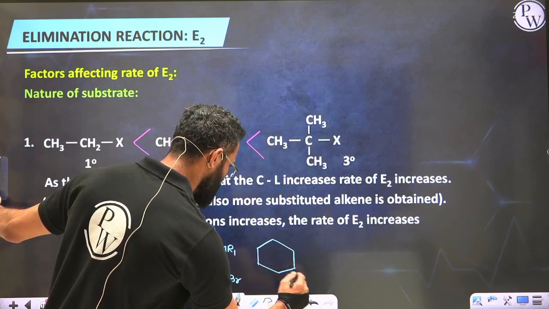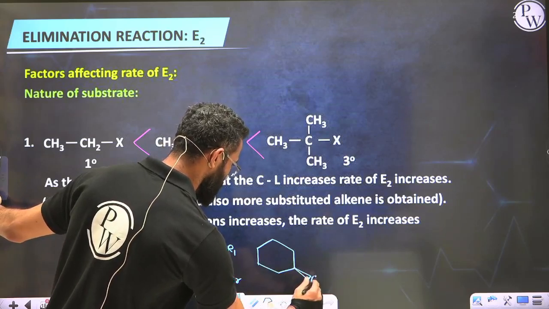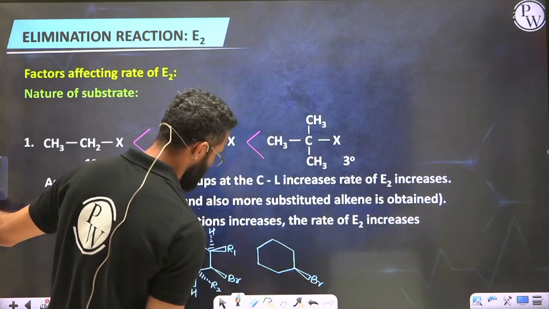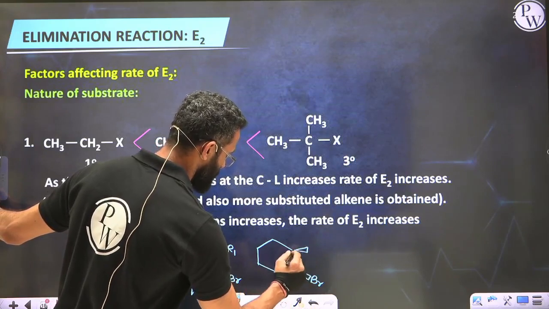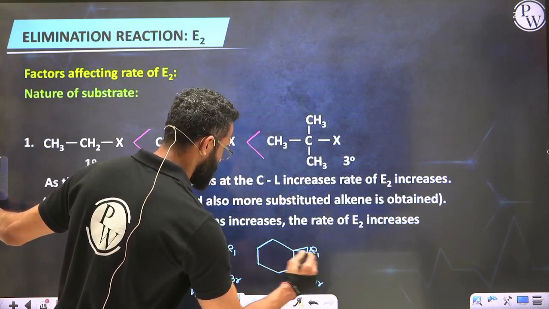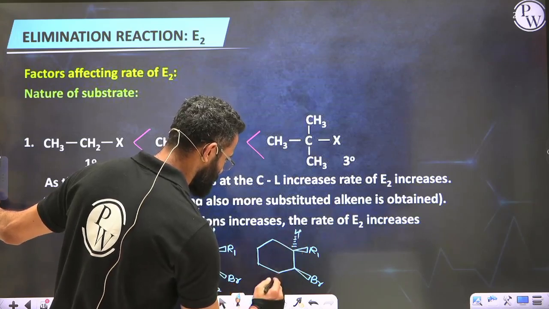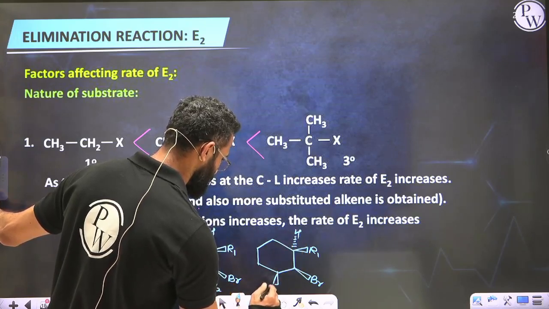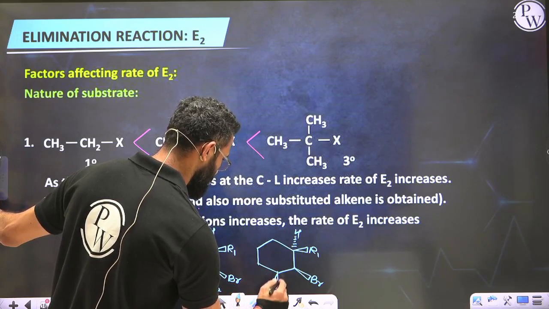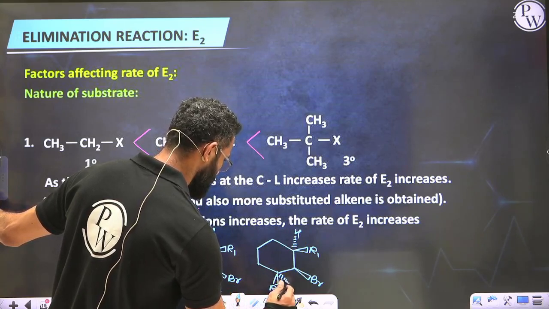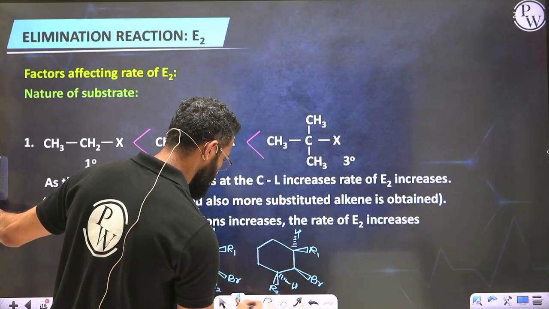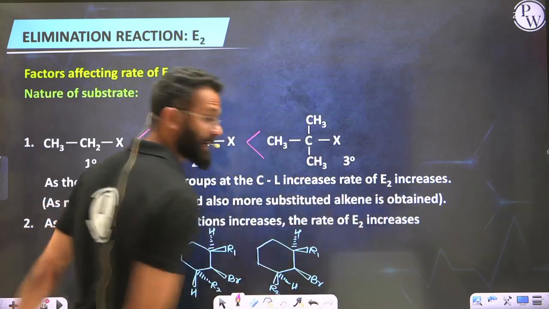The third arrangement is a leaving group, let's say bromine. This is R1, hydrogen, R2 and hydrogen. Okay guys, let's see here.